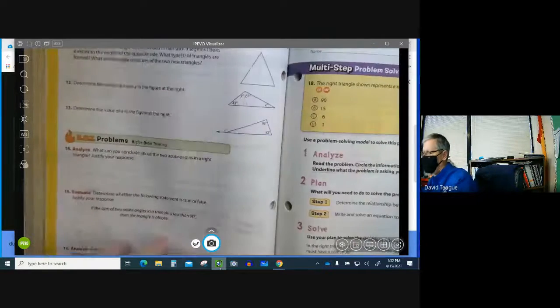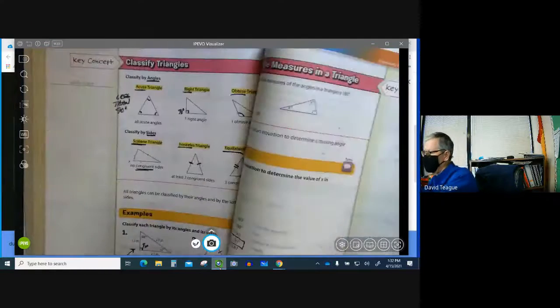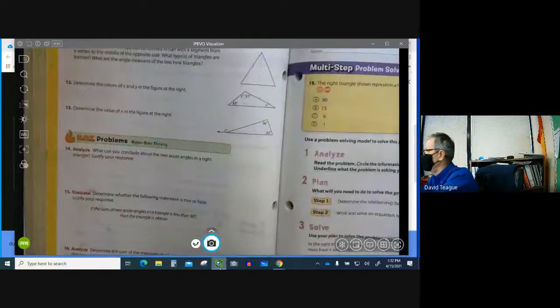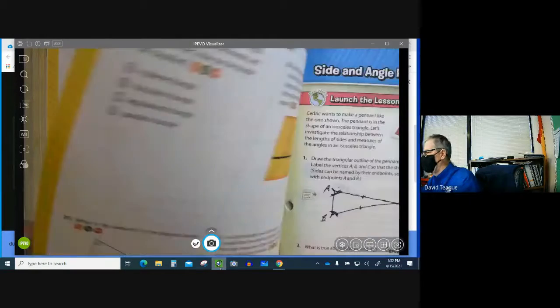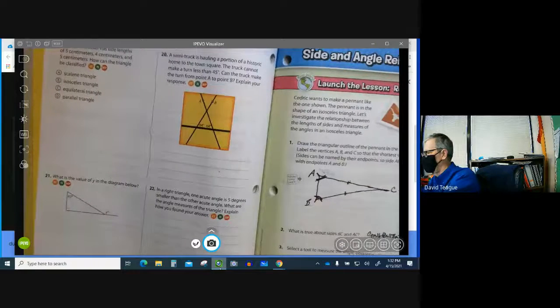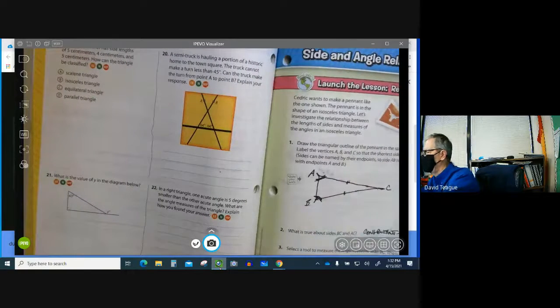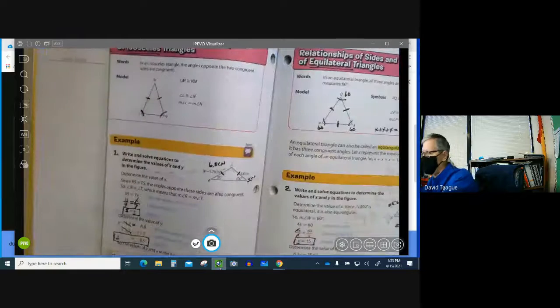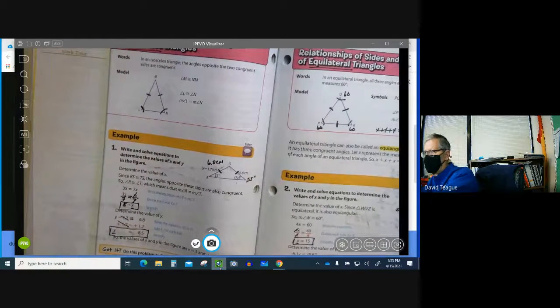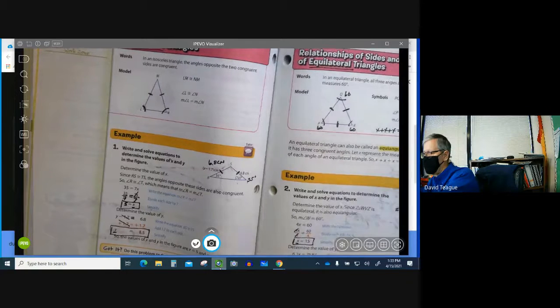And if you add the angles on the inside of a triangle, what number do you get? 180 degrees. So if you add all the angles of a triangle, you get 180 degrees.